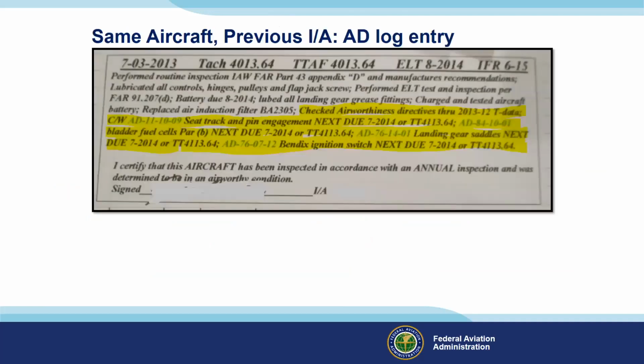Here's the same airplane, but this is how the previous IA's log entries looked. And it looks a lot better than the other one. It doesn't just say all ADs complied with, they actually list the ADs. Some of them list, I think, the revision number.